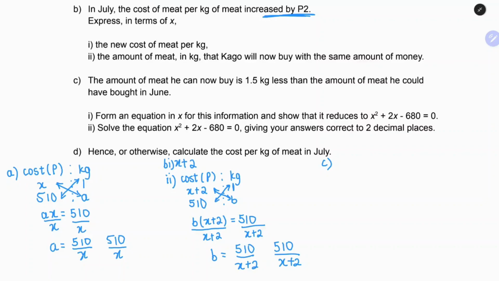So I'm going to say the more meat, which is in June, minus the less meat, which is in July, is equal to 1.5. Because we are saying that she can now buy 1.5 kg less. So, like I said, more meat in June minus less meat in July is equal to 1.5.